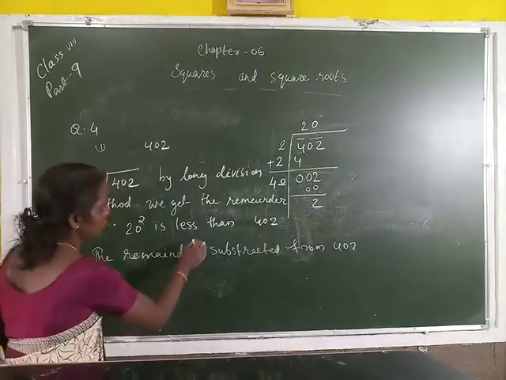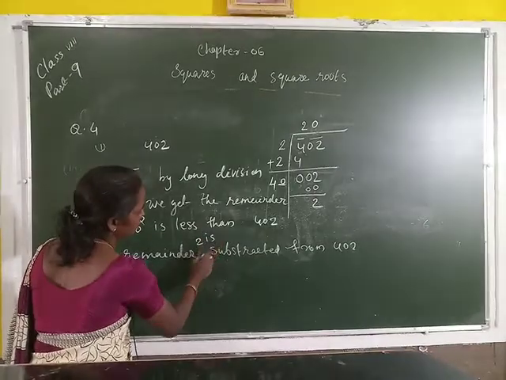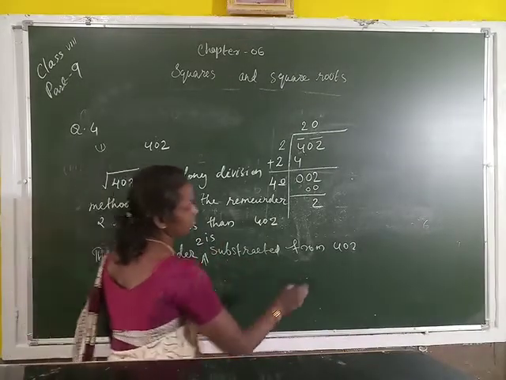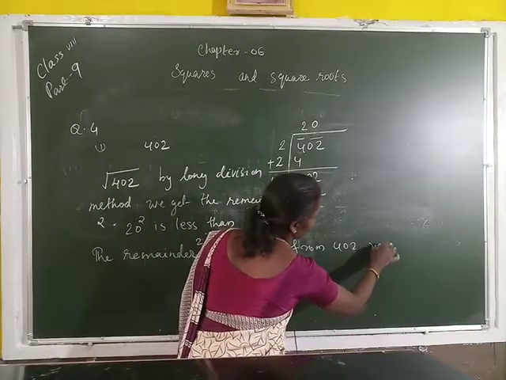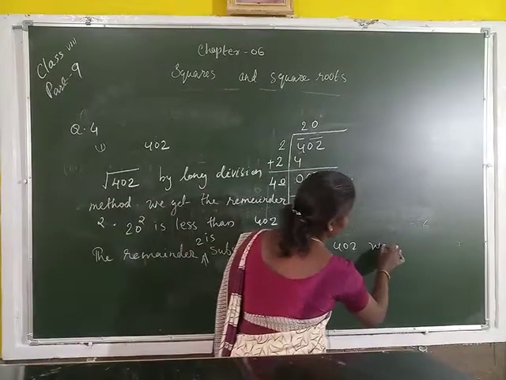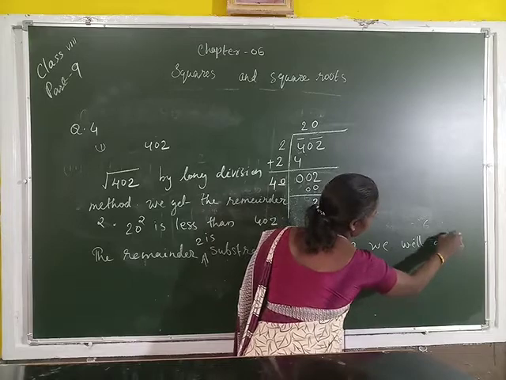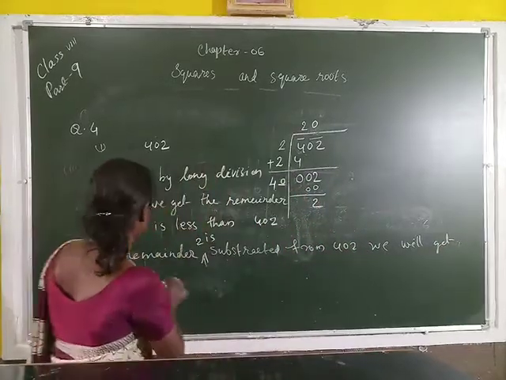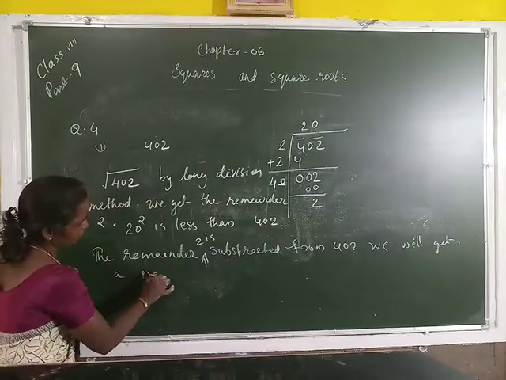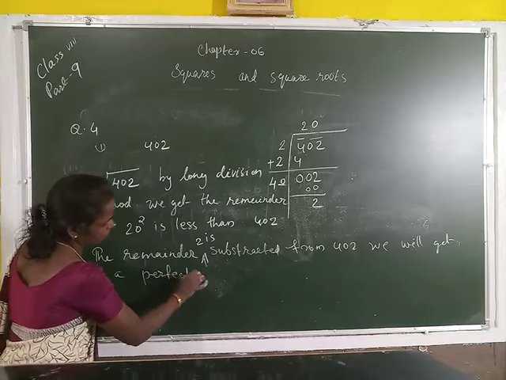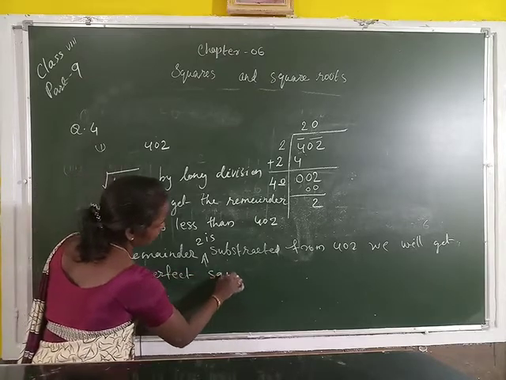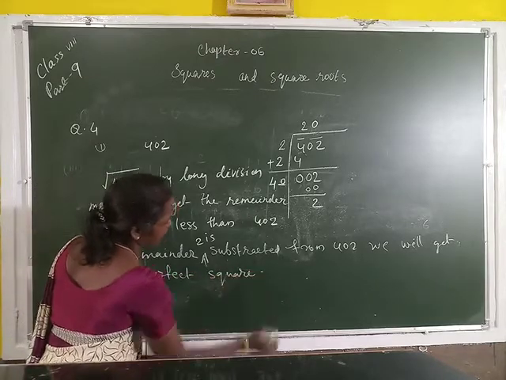The remainder 2 is subtracted from 402. We will get a perfect square.